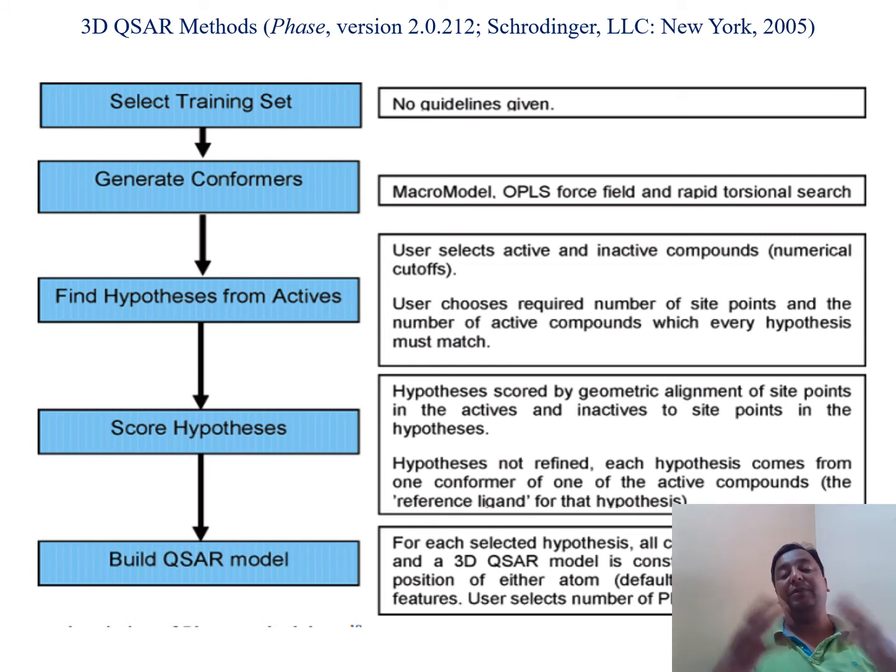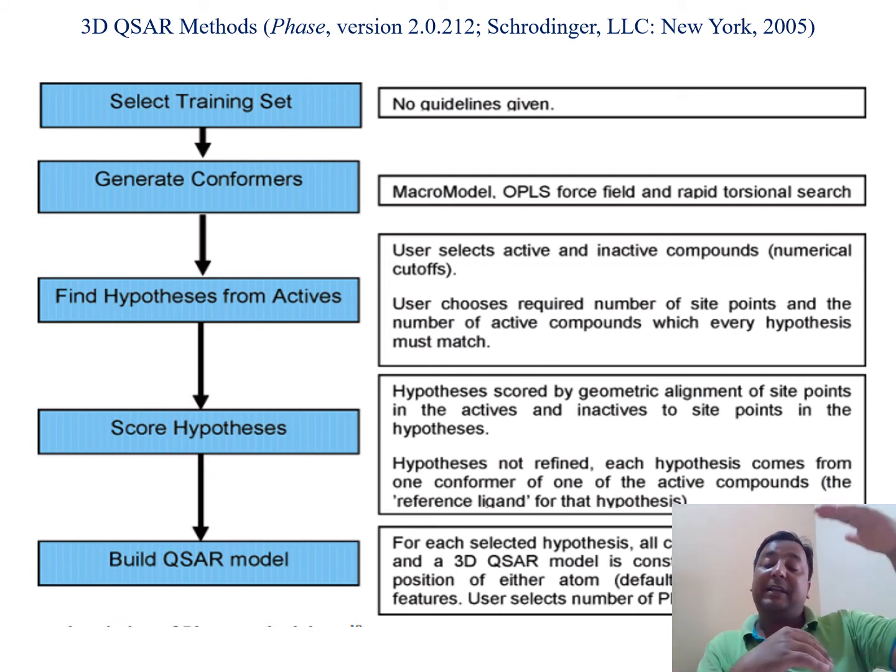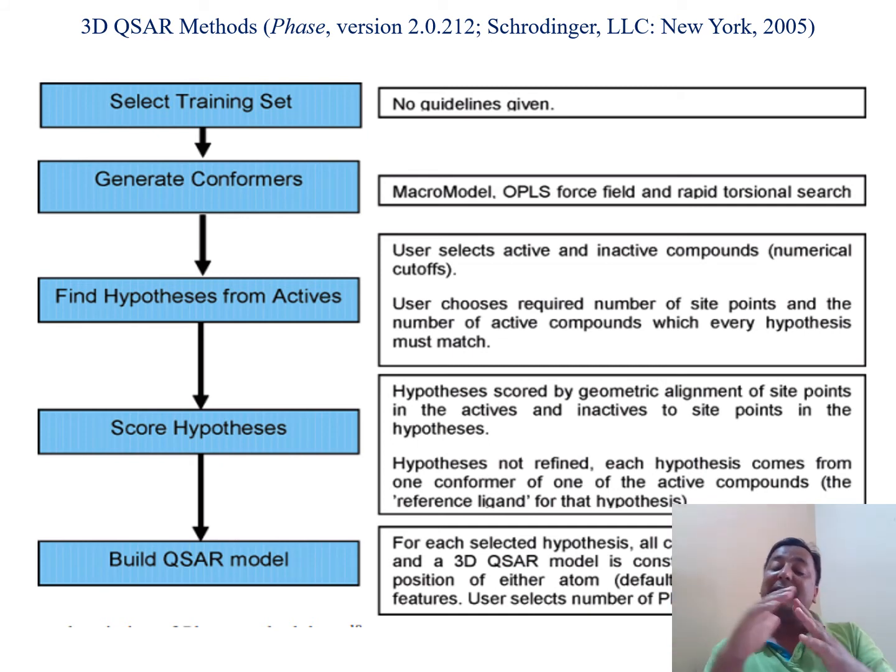These are the assumptions we will generate. Once we find the hypothesis, we have to score it: a score for the active compounds and a score for the inactive compounds for each hypothesis, right? And each hypothesis has active compounds, inactive compounds, and training and test sets.